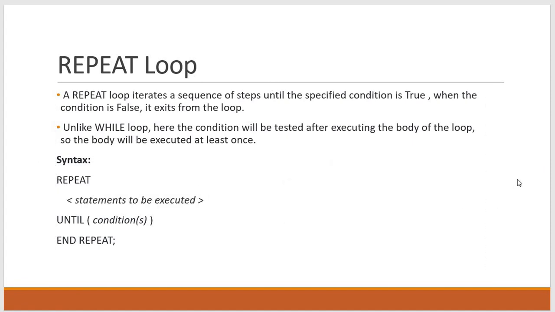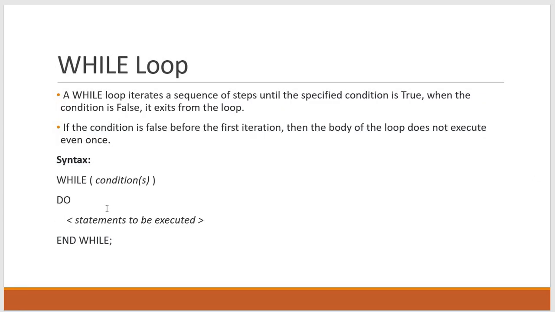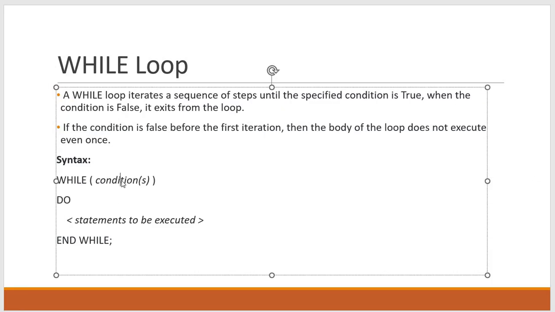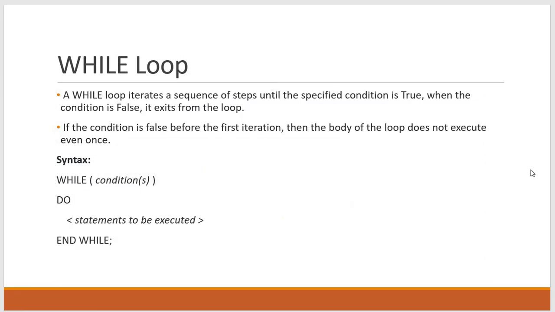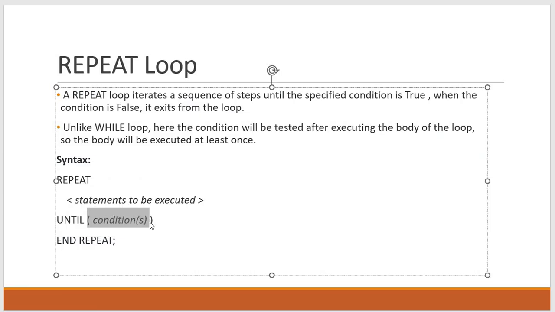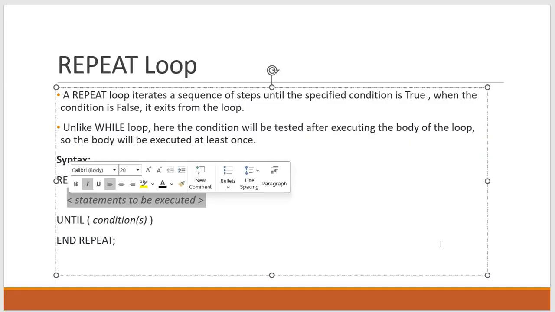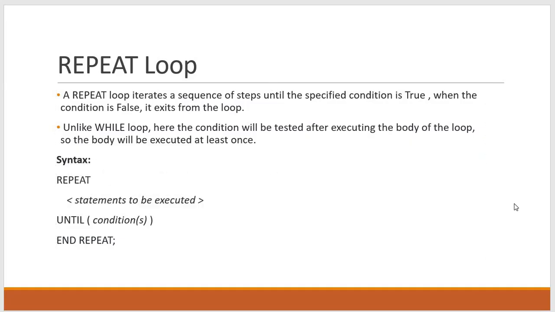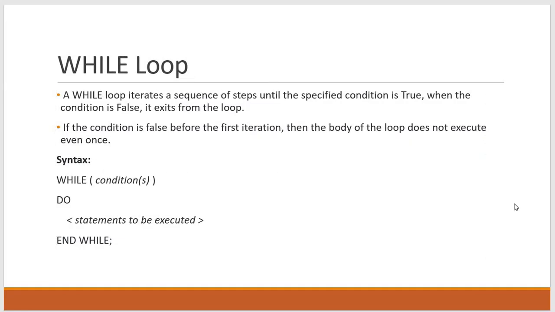That is when you have to use this repeat loop. Unlike while loop, even though the condition is false for the first time, the body of the loop will be executed at least one time. That's the difference between while loop and repeat loop.